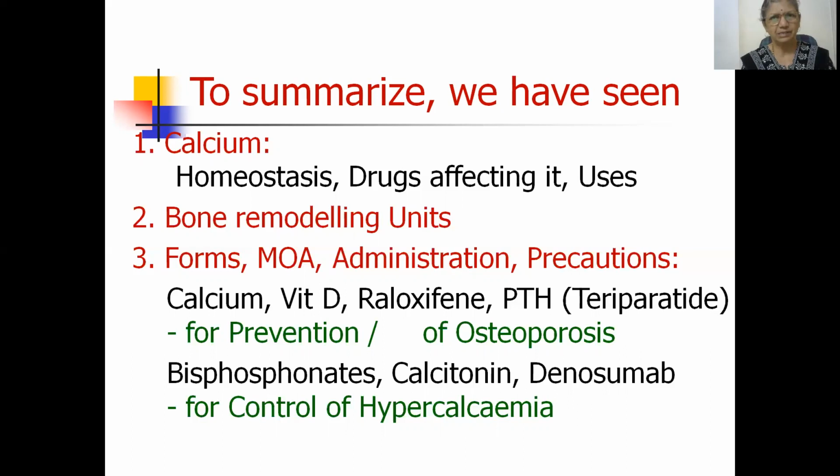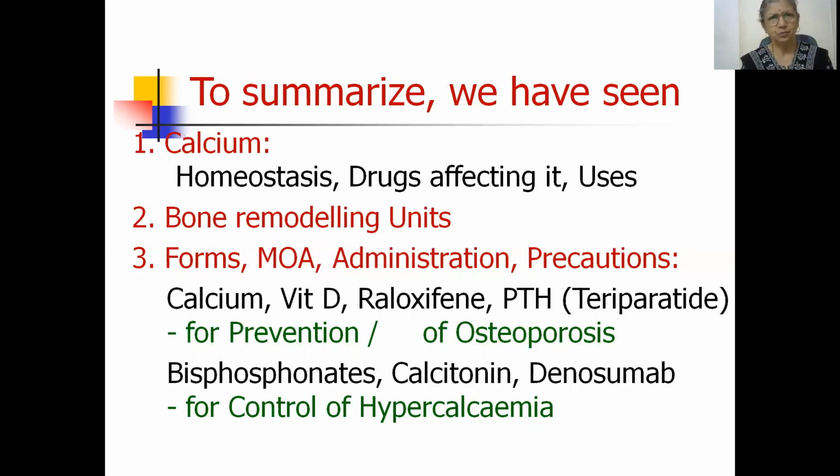Dietary calcium is the best calcium. So we must know the sources of dietary calcium and advise them to the patients as well. We saw what happens at the bone remodeling unit, and that helped us to understand what is bone resorption, deposition, and osteoporosis. And we saw the hormones and drugs which help us to avoid osteoporosis or control it.